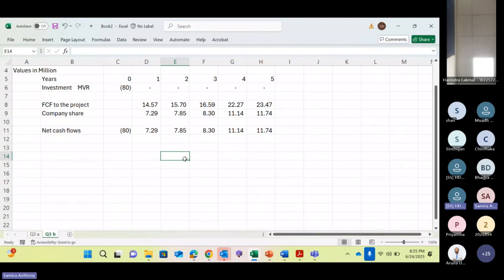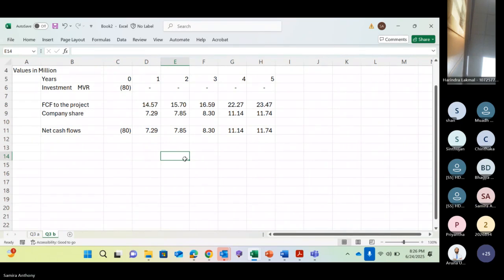In a project appraisal, what does discounting mean? In project appraisal, discounting means we will see whether we will get future cash flows more than our cost of capital. We will discount these cash flows by our WACC. In a business valuation, we will discount business cash flows by business WACC.